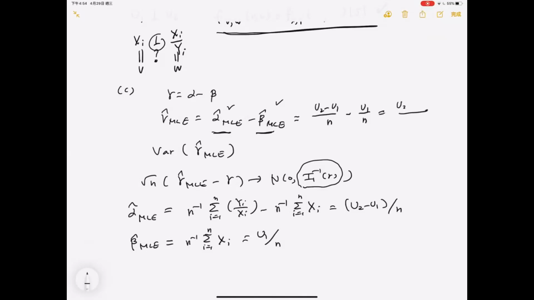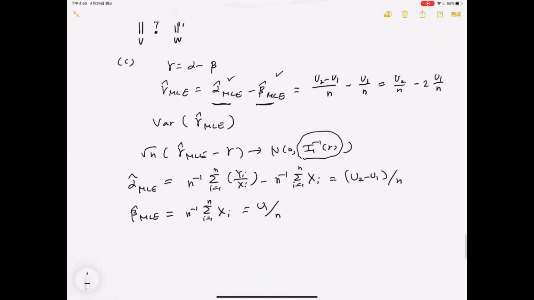For example, it's U2 minus 2U1 divided by N, or how about writing it as U2 divided by N minus 2U1 divided by N.